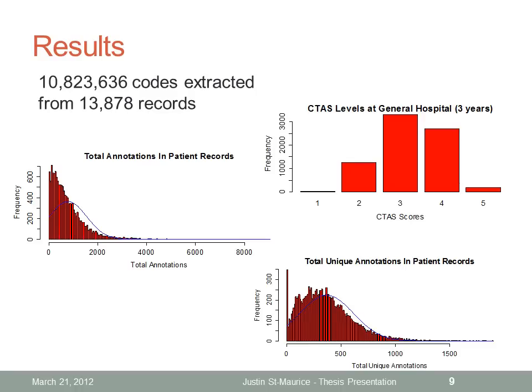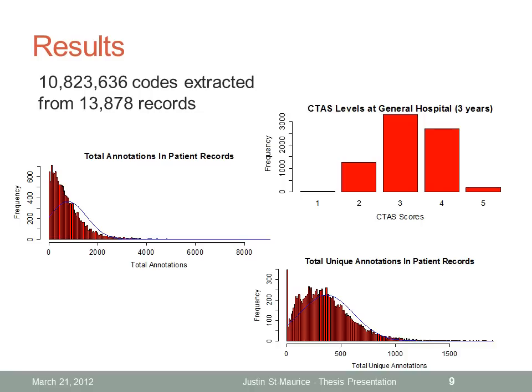And to give you an idea for what those codes looked like, you have here some frequency histograms that give you a feel for the number of table annotations that existed in each chart, and below you get a feel for the total of unique annotations that existed in each chart as well.